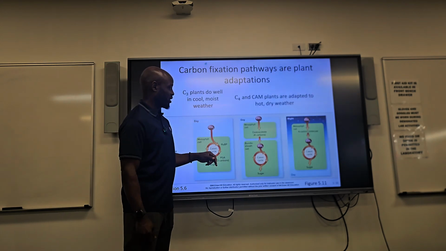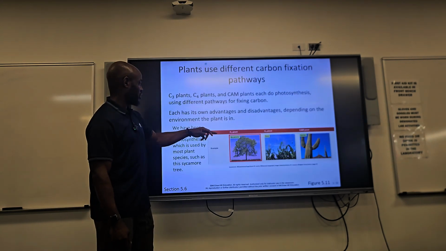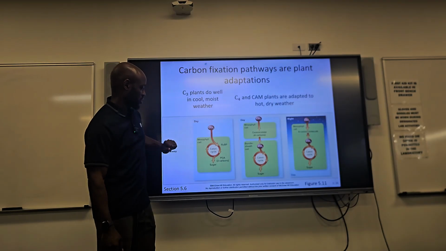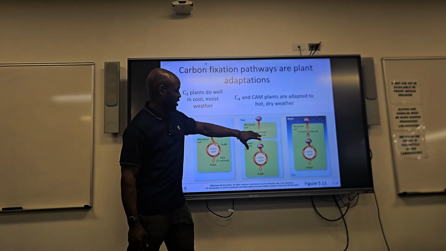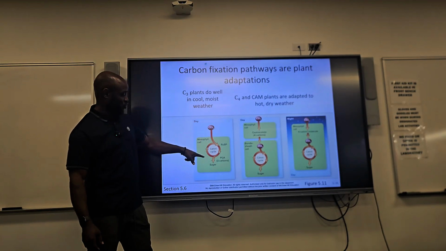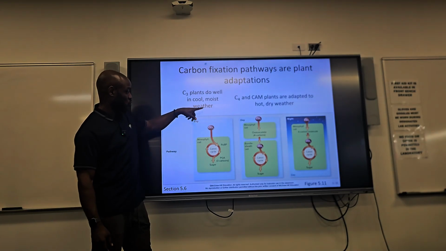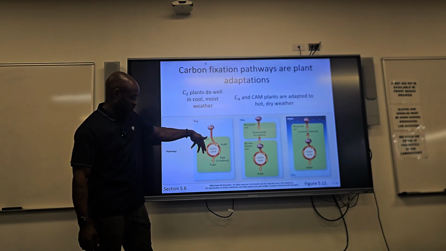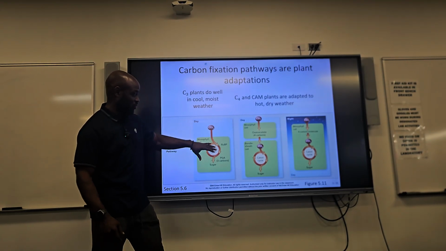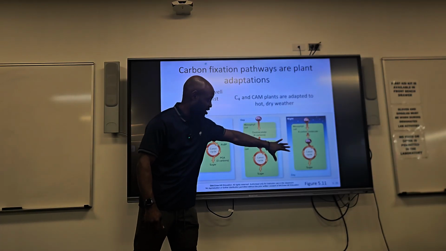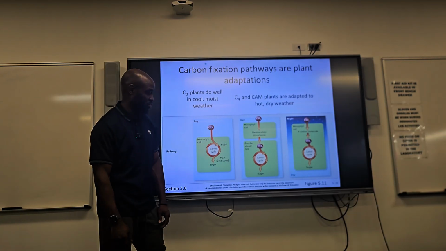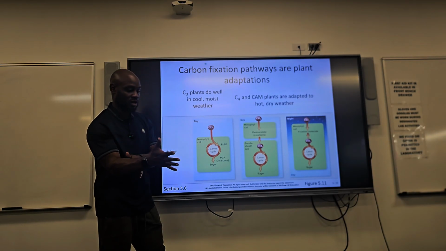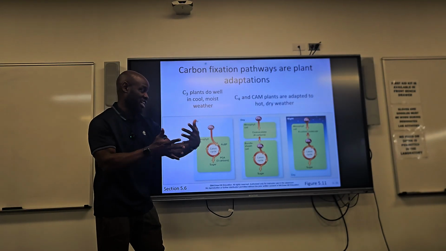So if we go back to here, the most regular plants that do well in cool, moist weather, everything is happening at one time, versus these plants here, they can split it up basically based on the fact that it's a hot environment or not as much water.